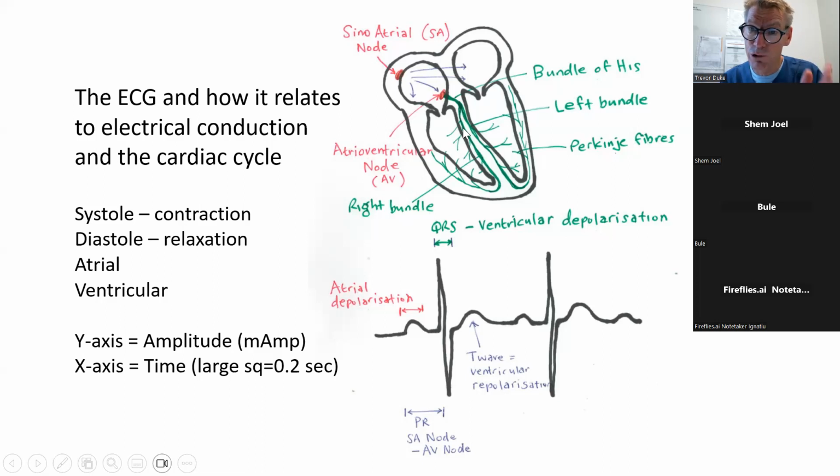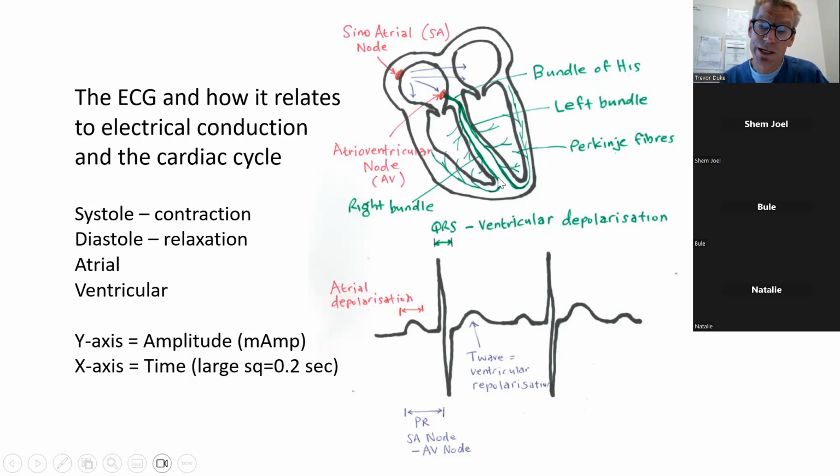If you remember it like that, some of these things will be familiar. When you've got a right bundle branch block or a left bundle branch block, simply you've got something blocking the conduction to the right bundle, which means it's blocking the conduction to the right ventricle. What usually happens is that the electrical activity has to go around the block, not by the fastest route through the ventricle but by some slower route.